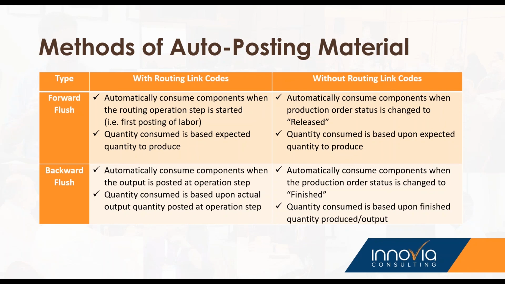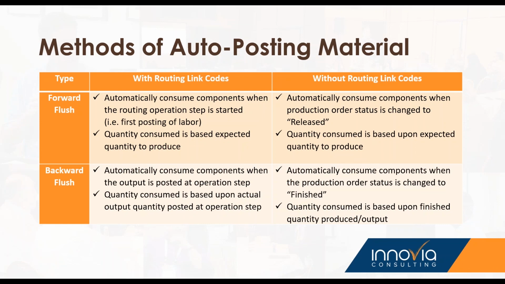We can forward flush and we can backward flush. And then, if you see in our chart here, we can use it with routing link codes or without. So John, I don't know if you want to explain some of the different concepts of how these would be used and maybe some examples of when you would see forward flushing versus backward flushing being used.